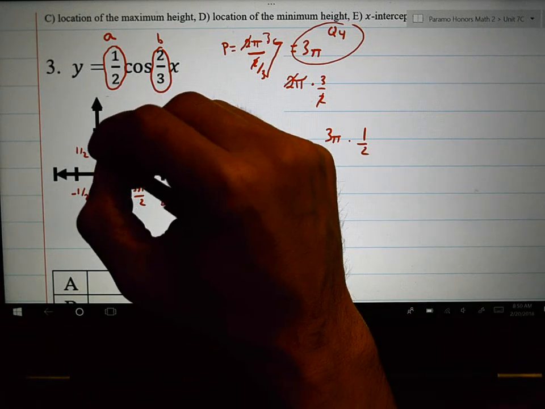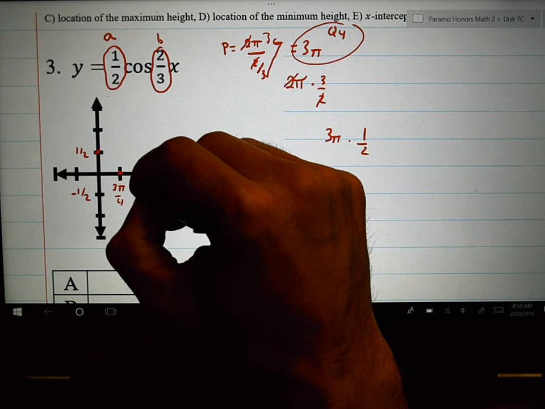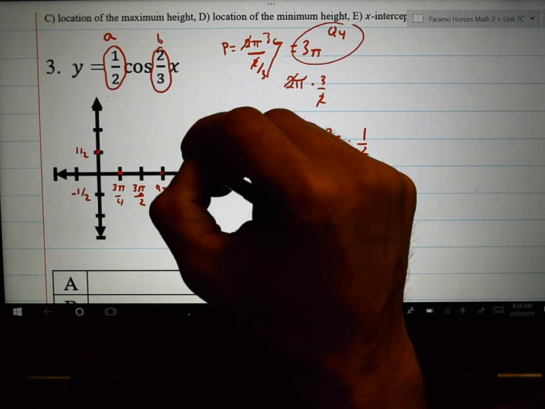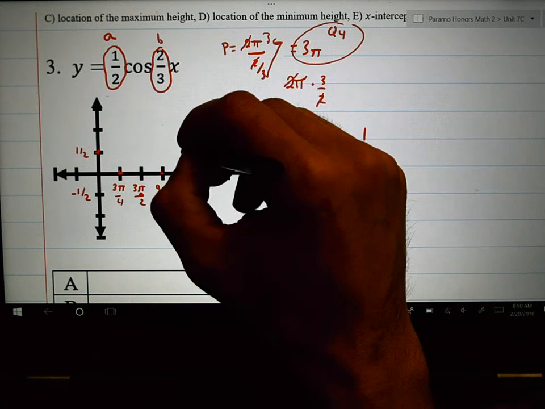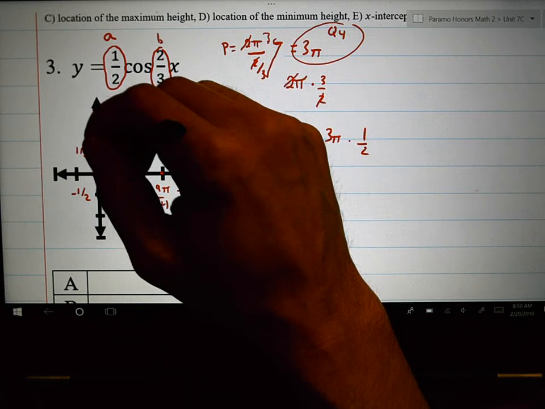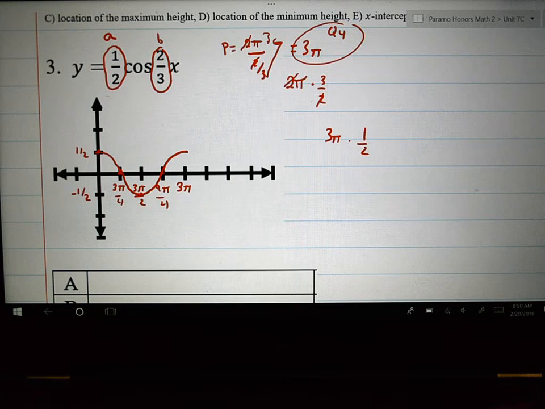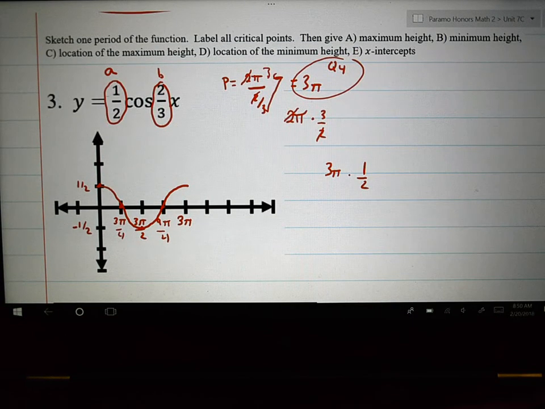So I'm just going to put some dots. Extrema, midline, extrema, midline, extrema. And I'm going to just connect my dots. I go back and I read my directions.